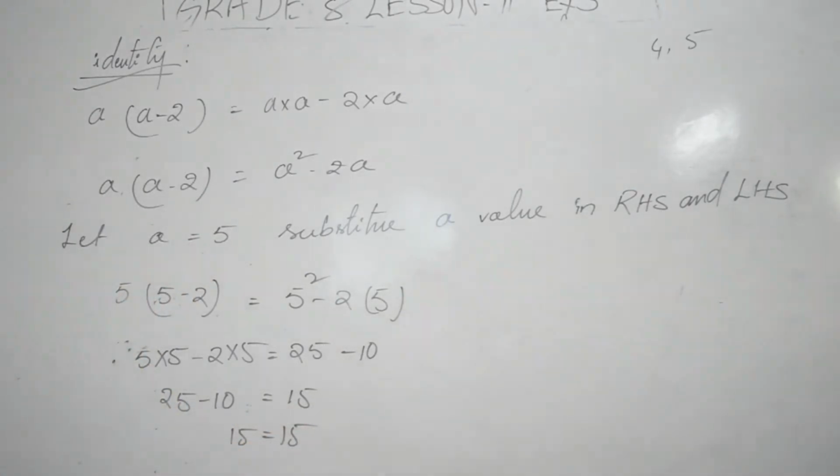Here RHS and LHS both are equal. So that is the identity of A. So here the value of A is 5. RHS and LHS both are equal, that is the identity of A.